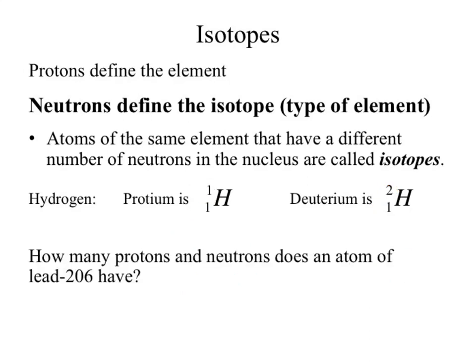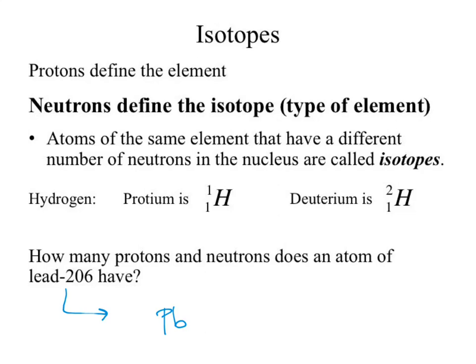How many protons and neutrons does an atom of lead-206 have? What did we say we could translate this into? Lead is Pb. Where's the 206? Need to get written in. The 206 is the mass or the atomic number?